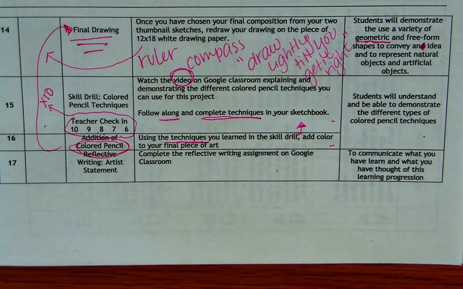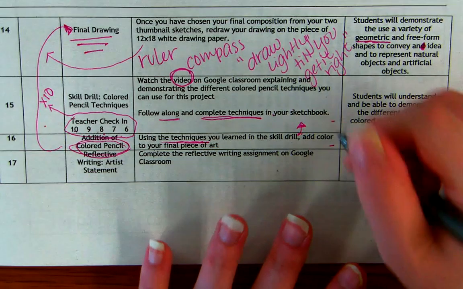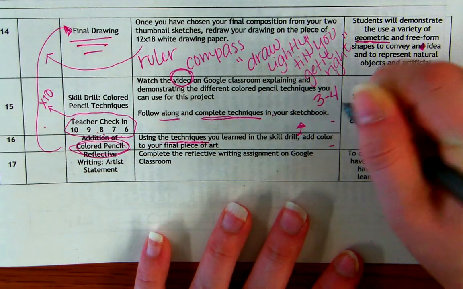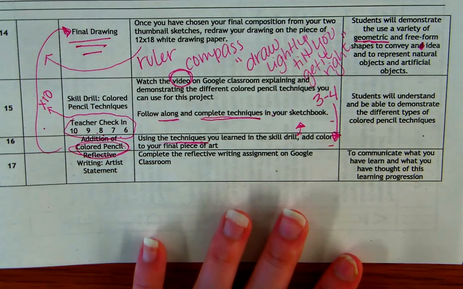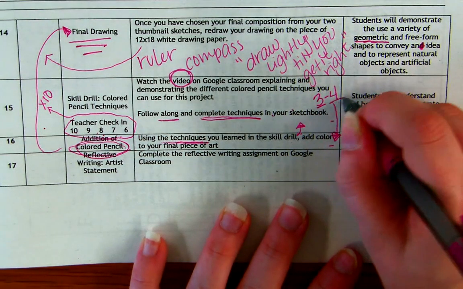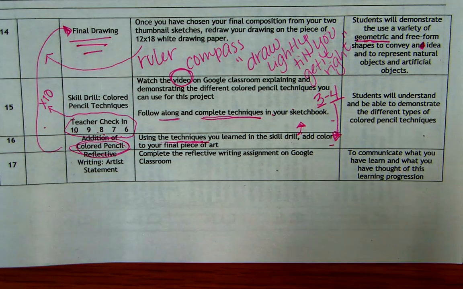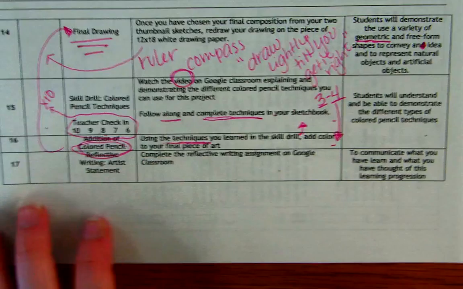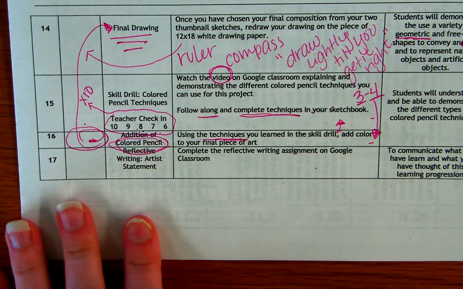I am thinking, and don't quote me on this, it probably will change, anywhere from 3 to 4 different techniques will need to be shown in your final piece of art. Then, once you have sufficiently added color to the entire piece and you feel it is done and the teacher feels it is done, because you will have to show it to the teacher in order to get my signature before I say you are finished.